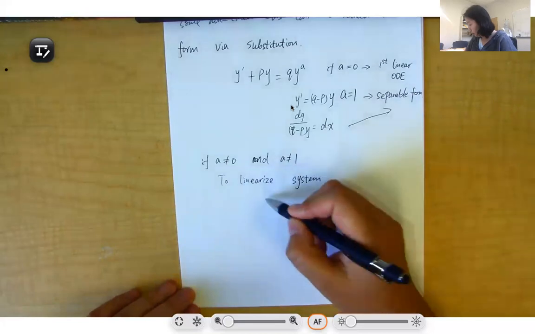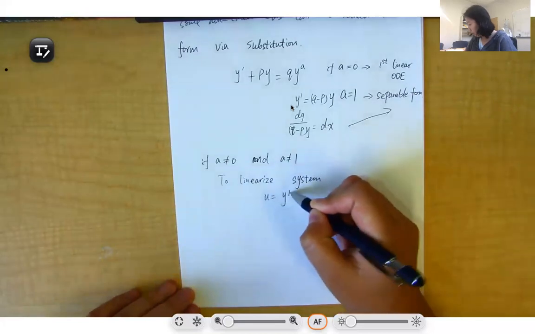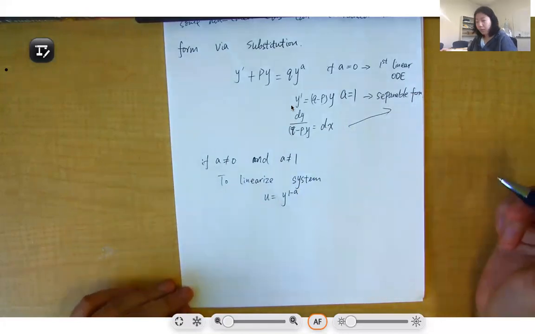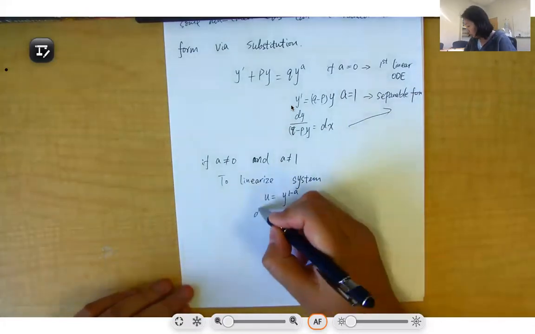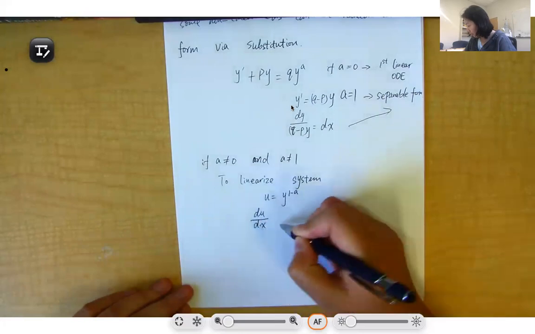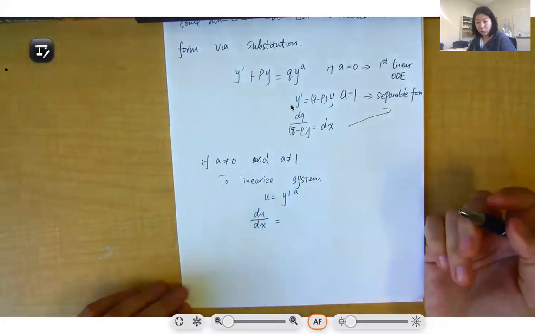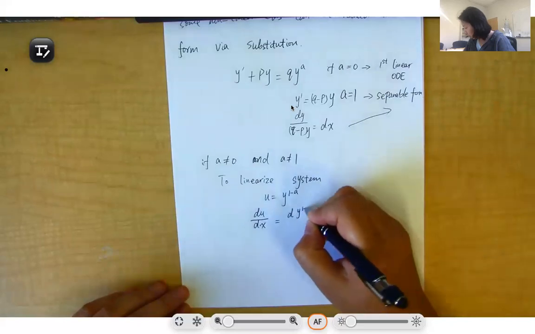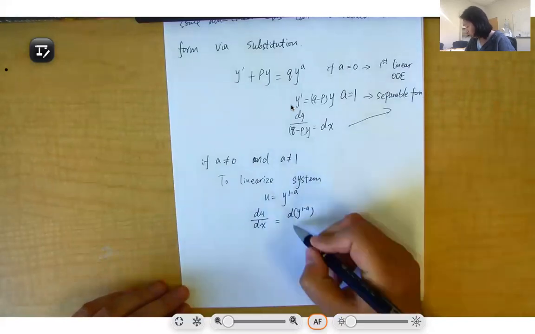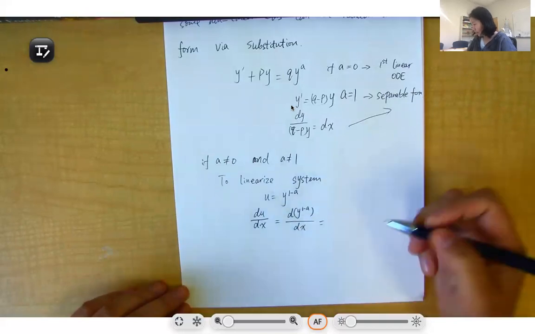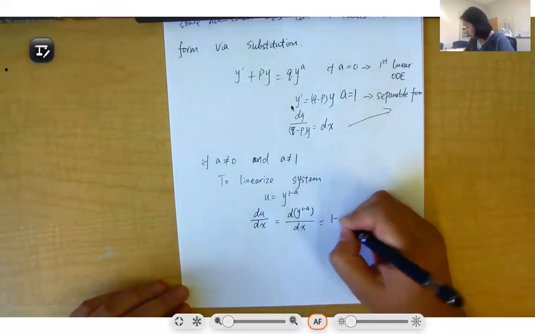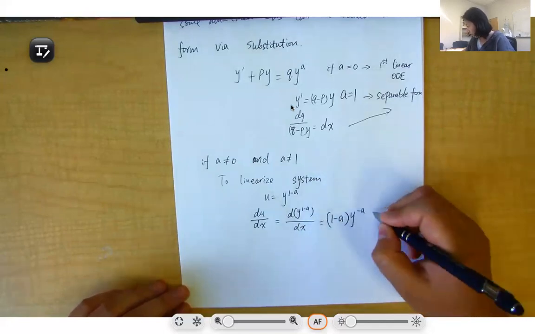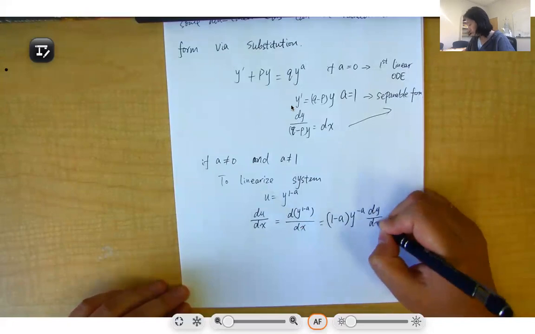It is u equals y to the 1 minus a power. Then du over dx will equal d of y to the 1 minus a over dx, and that equals (1 minus a) y to the minus a times dy over dx.